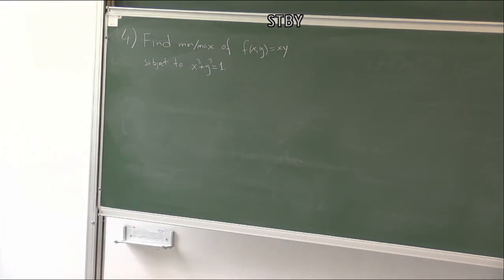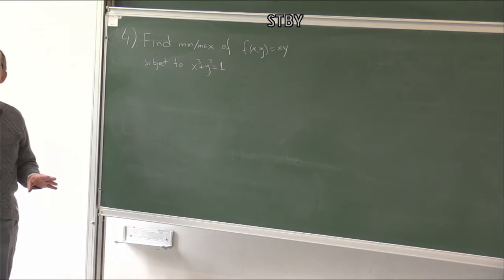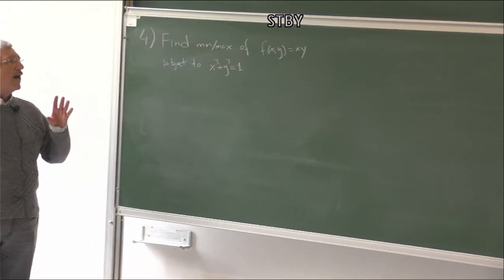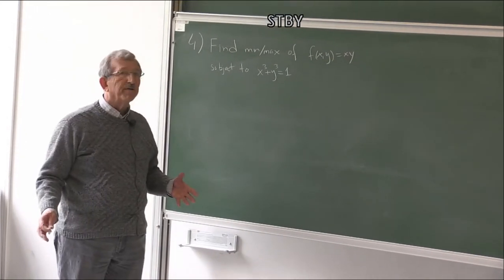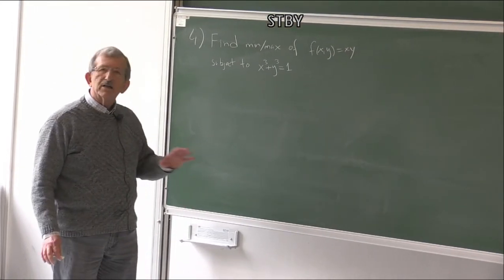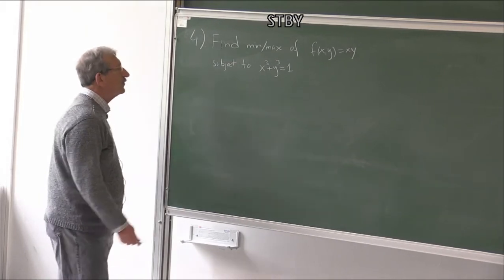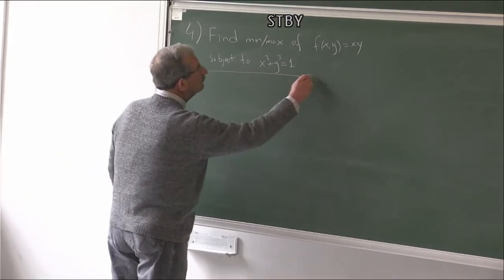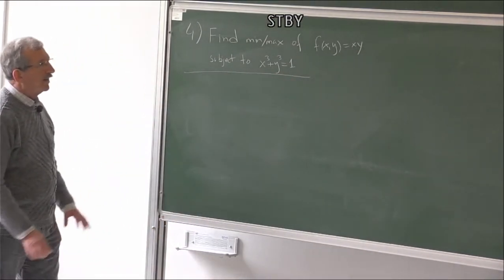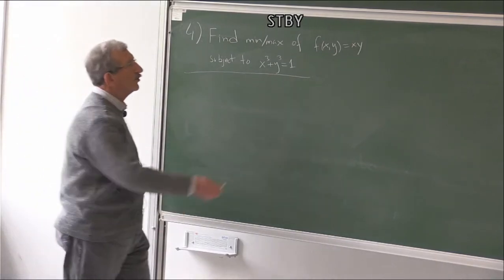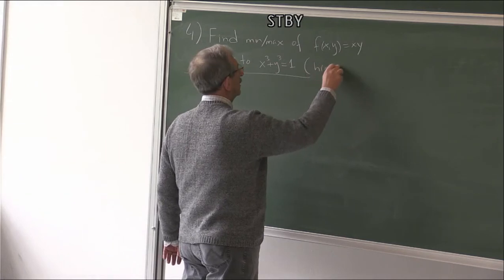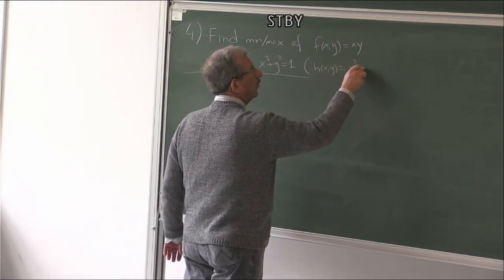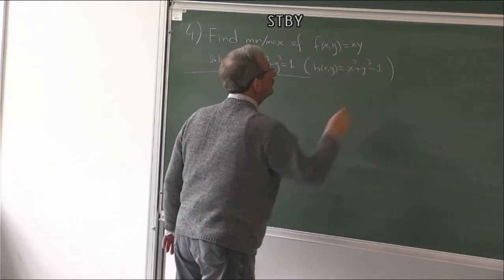Now, in this problem, you can, of course, use direct substitution and use the methods of one variable case, but this is not what we want to do here. This is a Lagrange problem. Clearly, everything is a polynomial, etc. So here, this is the constraint. I will assume it is x cubed plus y cubed minus 1.